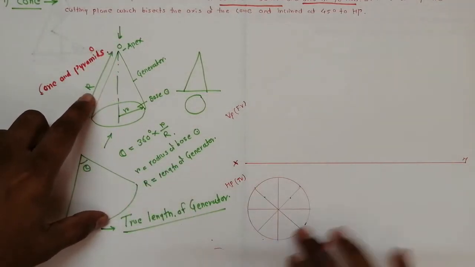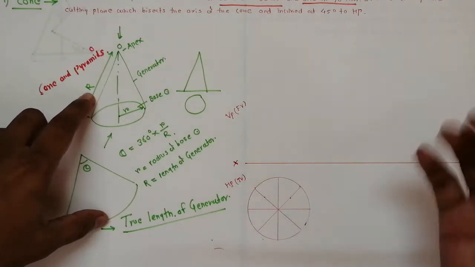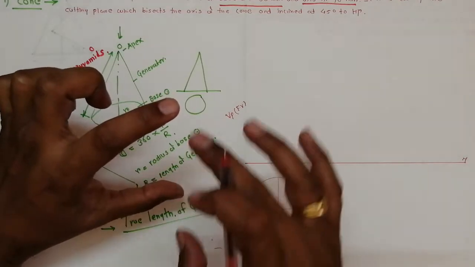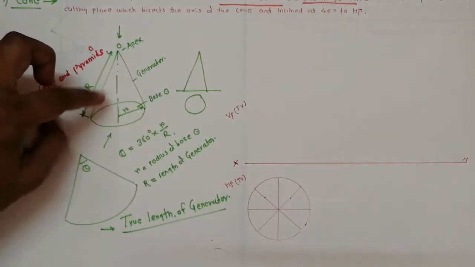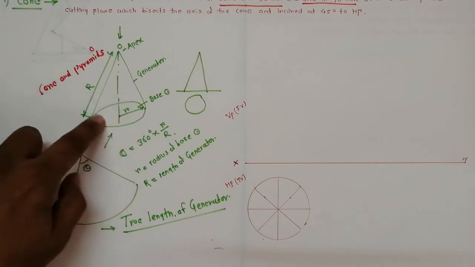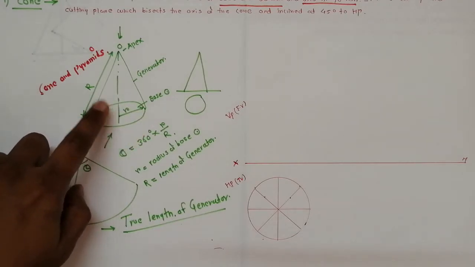Okay, now the next thing is the nomenclature. In case of the prism and cylinder, we have named it twice because there are two surfaces, one at the bottom, another at the top. But in case of the cone and pyramid, there is only one base, so we have to name it only once.